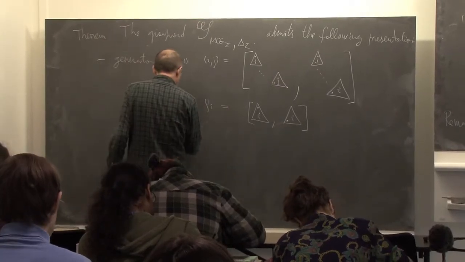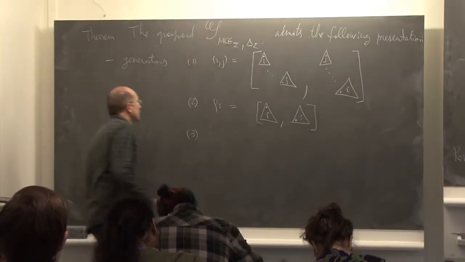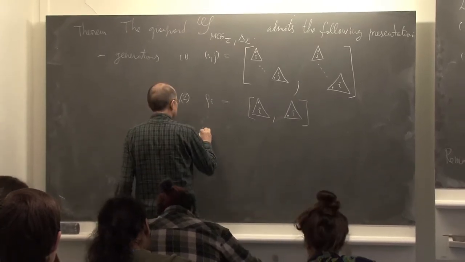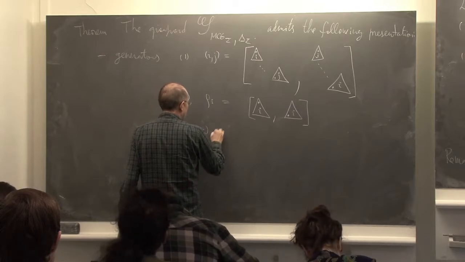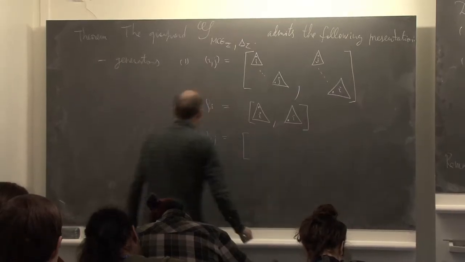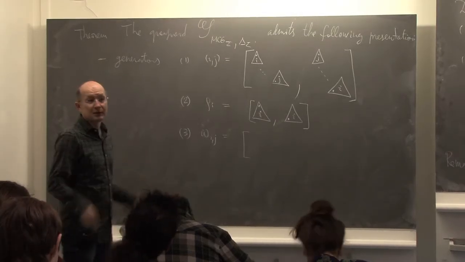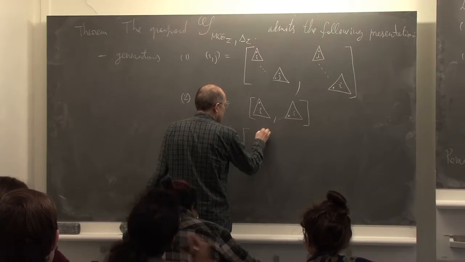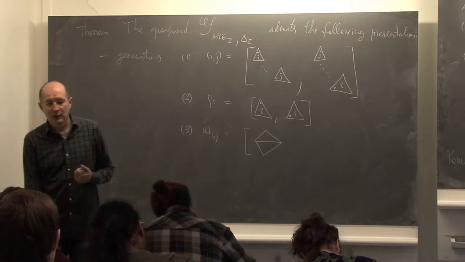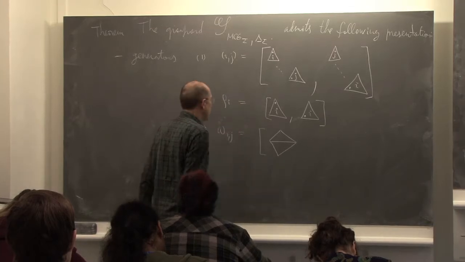And the third set of generators is, again, a set of generators indexed by two indices, which is omega ij. Omega ij. So this is something dealing with quadrilaterals in the surface. So we draw a quadrilateral, which means there are two triangles sharing one common edge, at least one common edge.